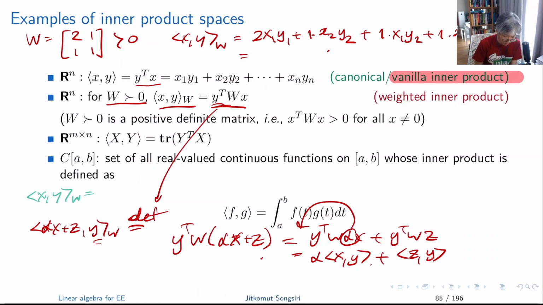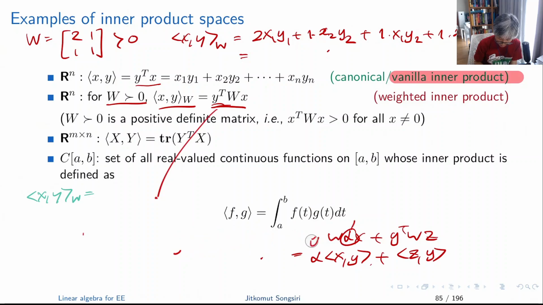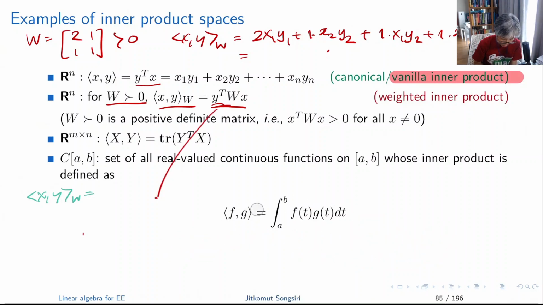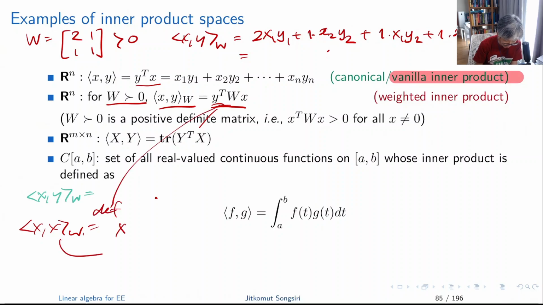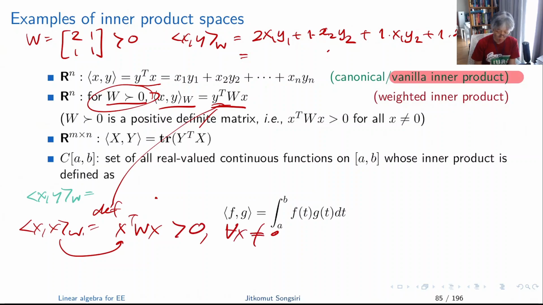Last one, which is the non-obvious one, okay? The positive definiteness. If you take the inner product with itself, by the definition, that's going to be x transpose Wx. And because W is a positive definite matrix, you know this is always positive whenever x is non-zero.